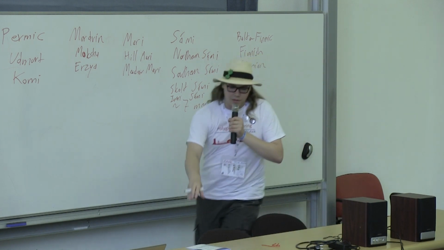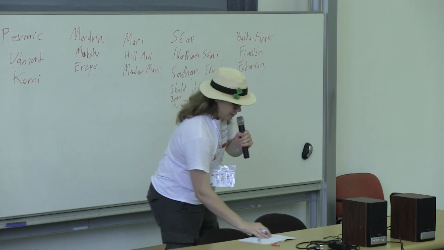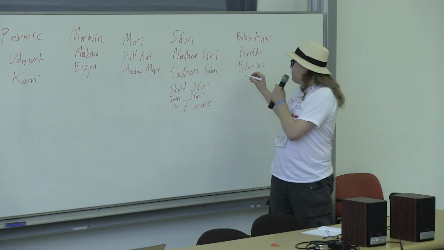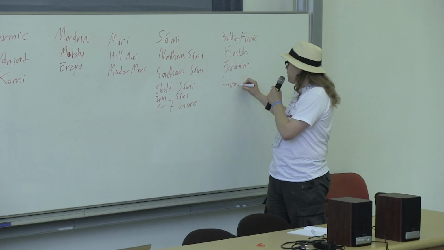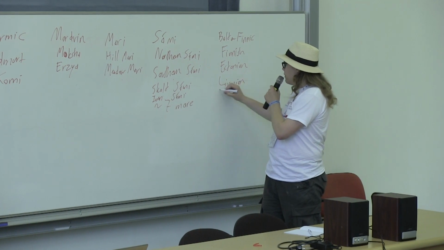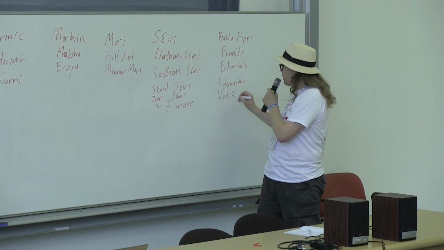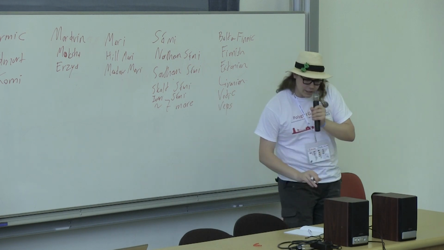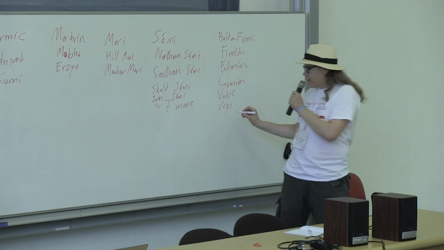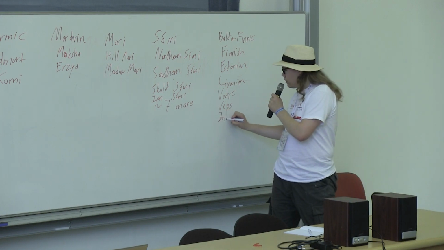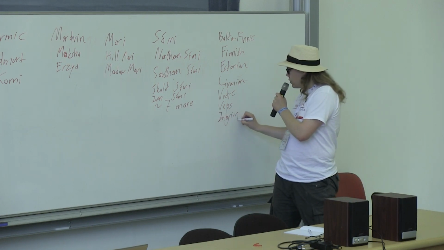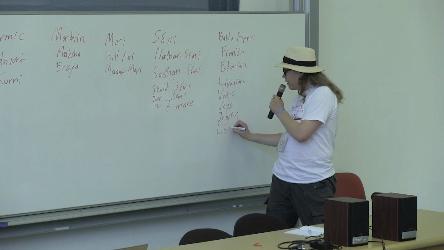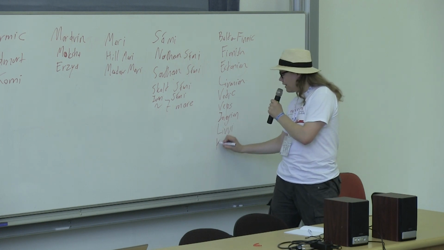But then there's also Livonian, Votic, Veps, Ingrian, Livvi, and also Karelian.